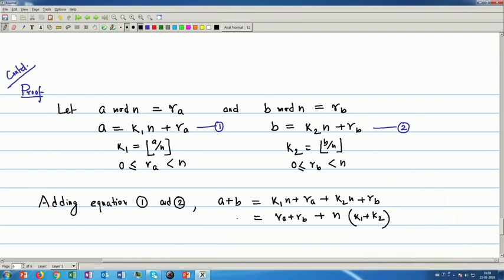Now, say this equation I give the name equation 3.